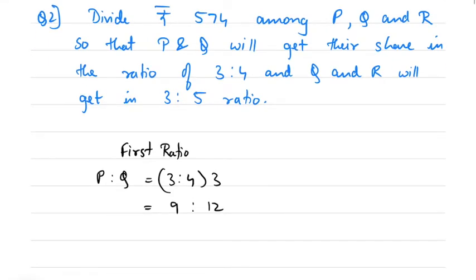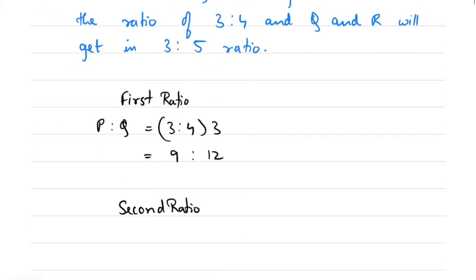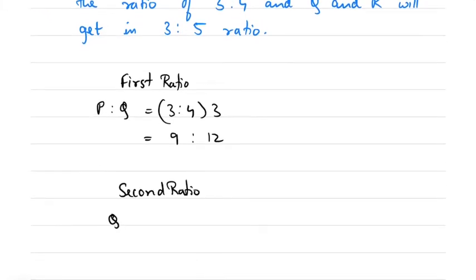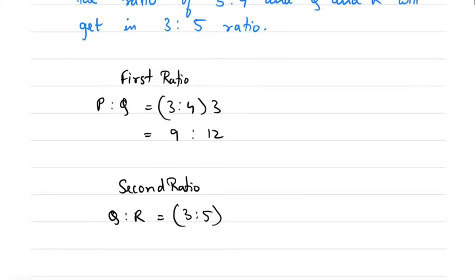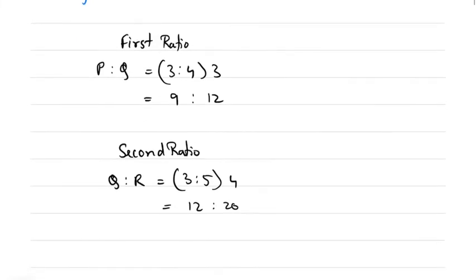Now second ratio is Q:R and Q:R is 3:5. Multiply it with the second term of the first ratio, which is 4. 4 into 3 is 12 and 4 into 5 is 20.